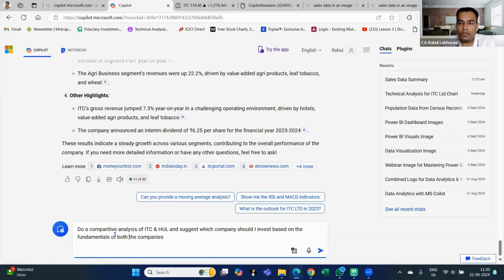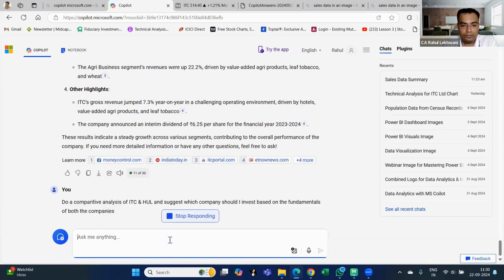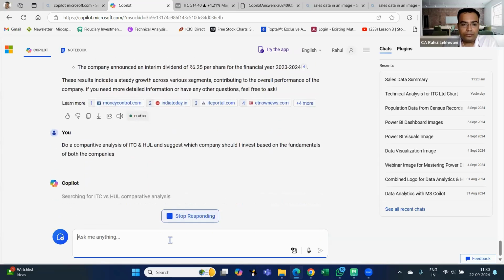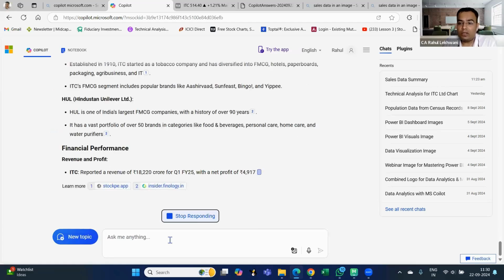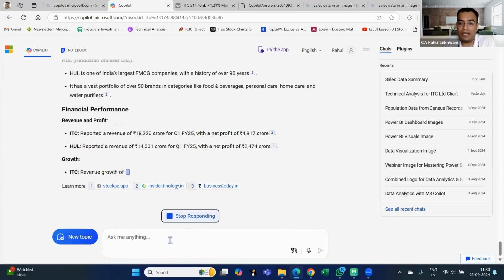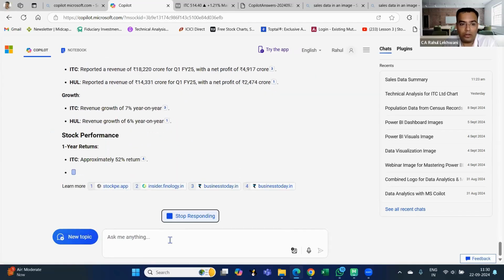What I'm trying to do is a comparative analysis. The comparative analysis will help me understand which company I should invest my money into. Of course, why we have covered it in productivity is that it takes a lot of time for us to compare this and then decide which company to go for.